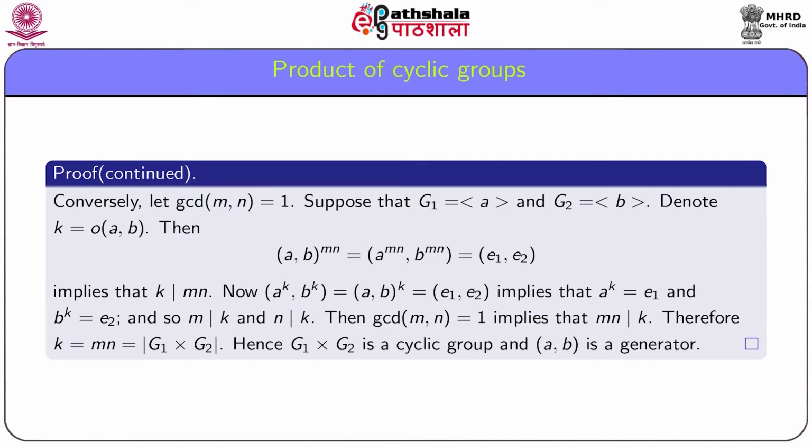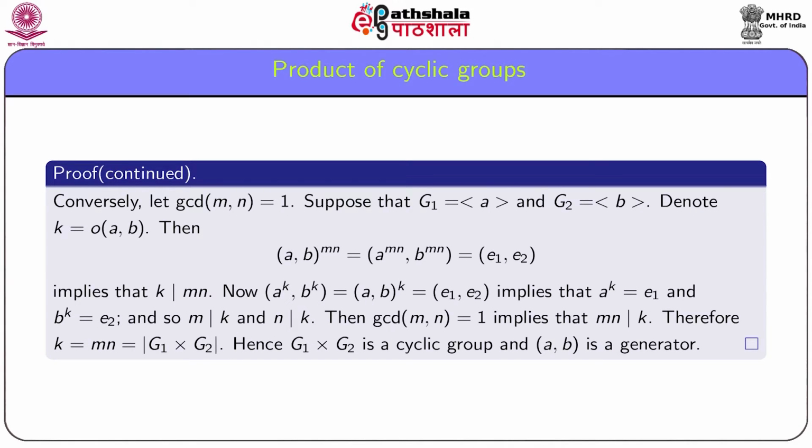For the converse, let the GCD of m and n be equal to 1. Suppose that G1 is the cyclic group generated by a and G2 is the cyclic group generated by b. Denote k as the order of the pair (a, b).